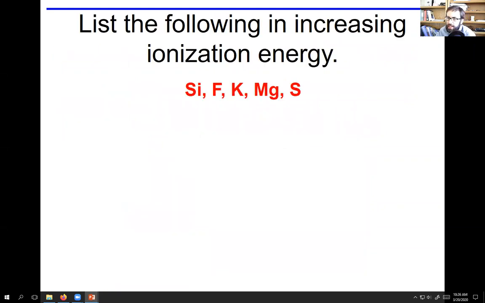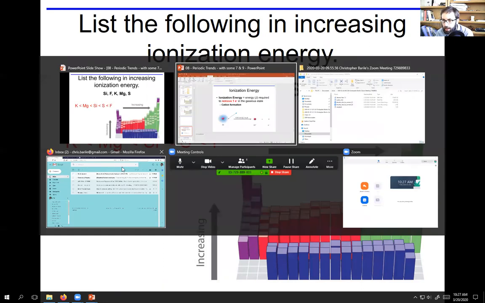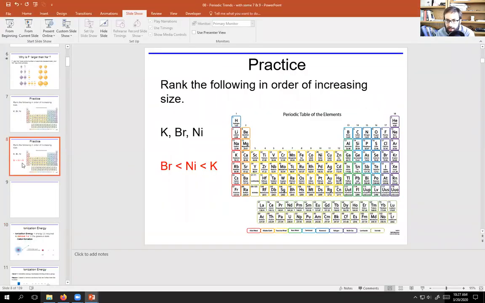So we can practice this. List the following elements in terms of their ionization energy: silicon, fluorine, potassium, magnesium, and sulfur. If we look at the periodic table here, all of these are in the same row, so all we have to do is order these from left to right. We can pull up a periodic table here for you. Here's one.